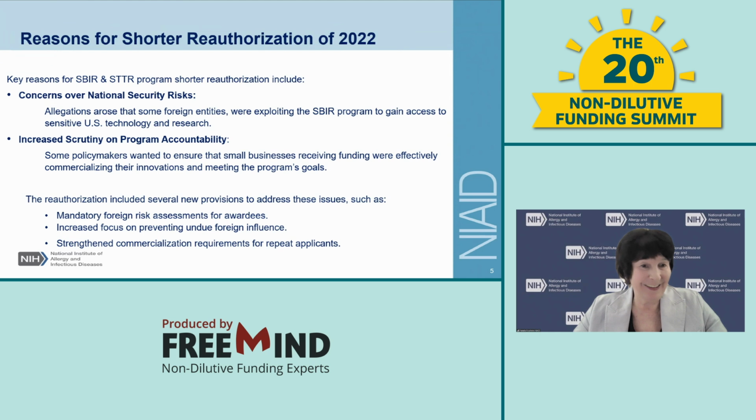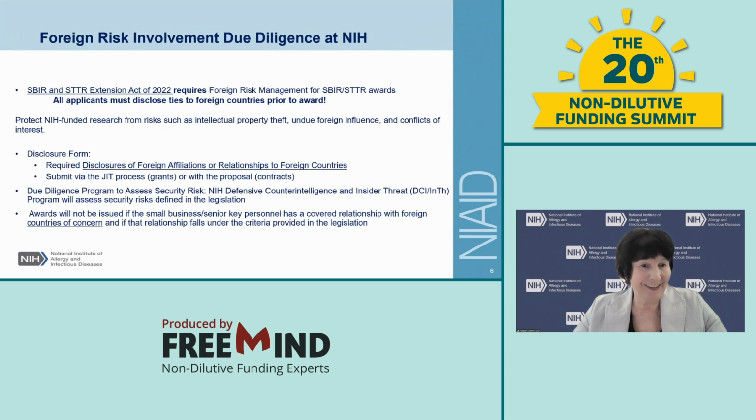The second concern was about small business companies receiving multiple funding but not effectively moving towards commercialization. The last reauthorization includes several new provisions to address these issues, and one of them is a mandatory foreign risk assessment for awardees. And this is the reason why I'm talking about this.